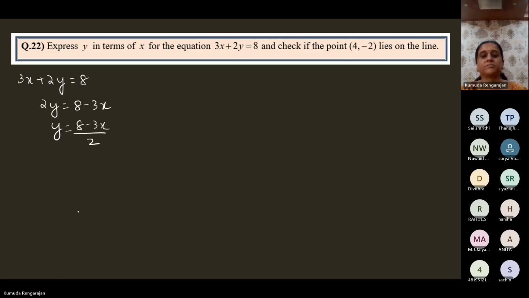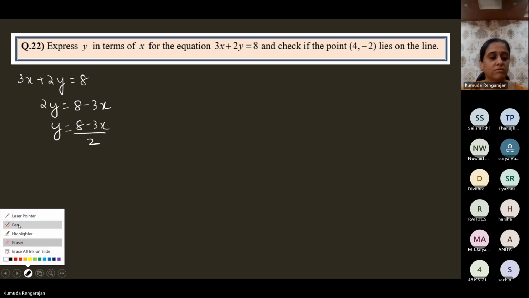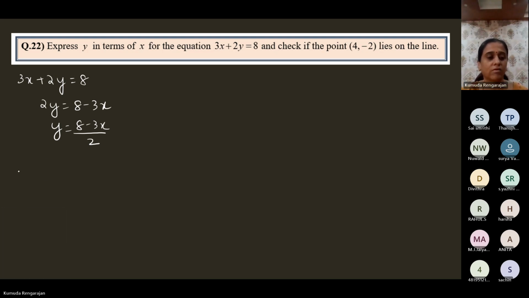Yes. Now we'll have to check if the point (4, minus 2) lies on the line. So you can just write the equation in the standard form.